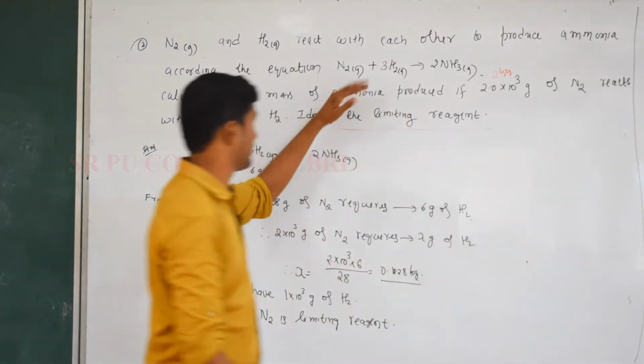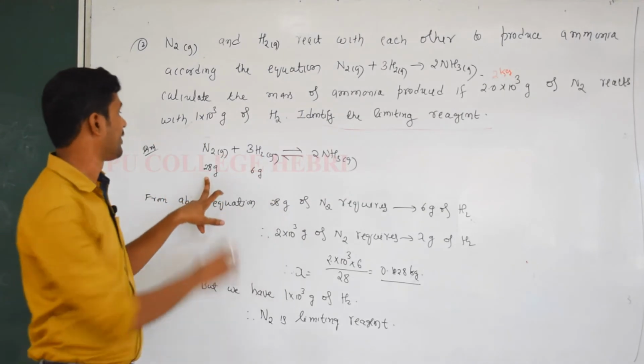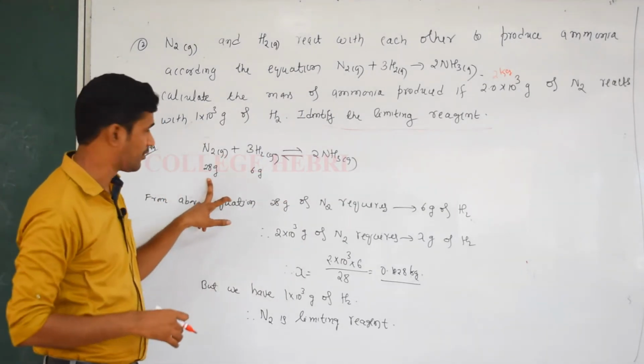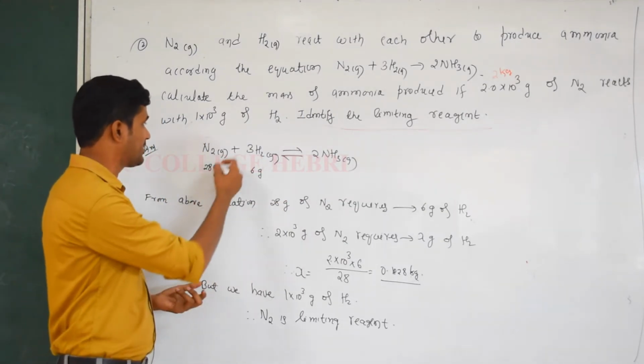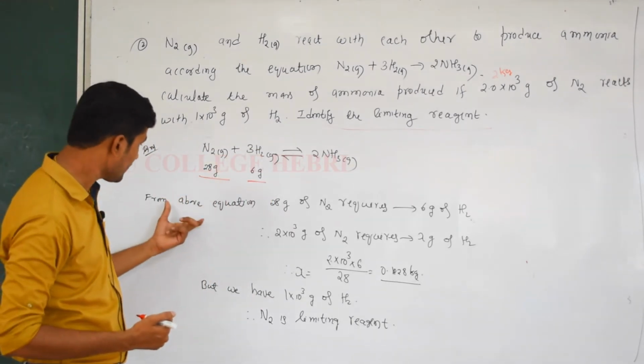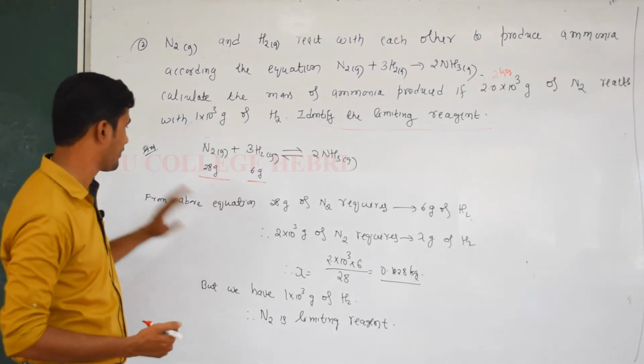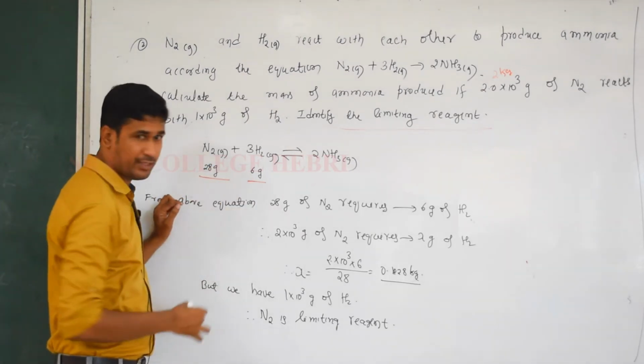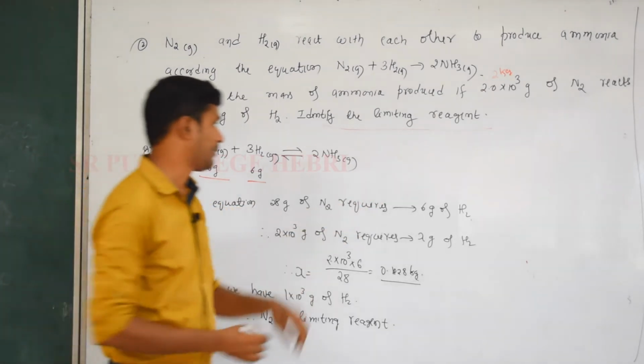First you write this equation and you write the stoichiometric details below it. You write the masses of each reactant. It's 28 gram and this is 6 gram. From this equation what we can write? 28 gram of N2 requires 6 gram of hydrogen.